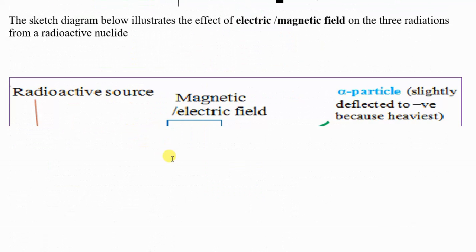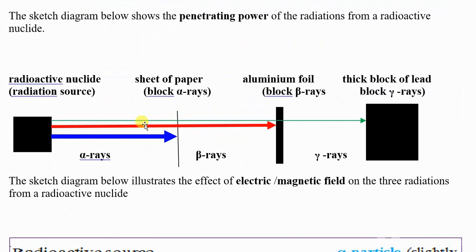So in terms of penetration, I have 3 lines here. We have the radioactive nuclide radiation source. This is the black thing, here is the source. So we have blue, which is the alpha rays. Alpha will be blocked by just a piece of paper. This one is a piece of paper.